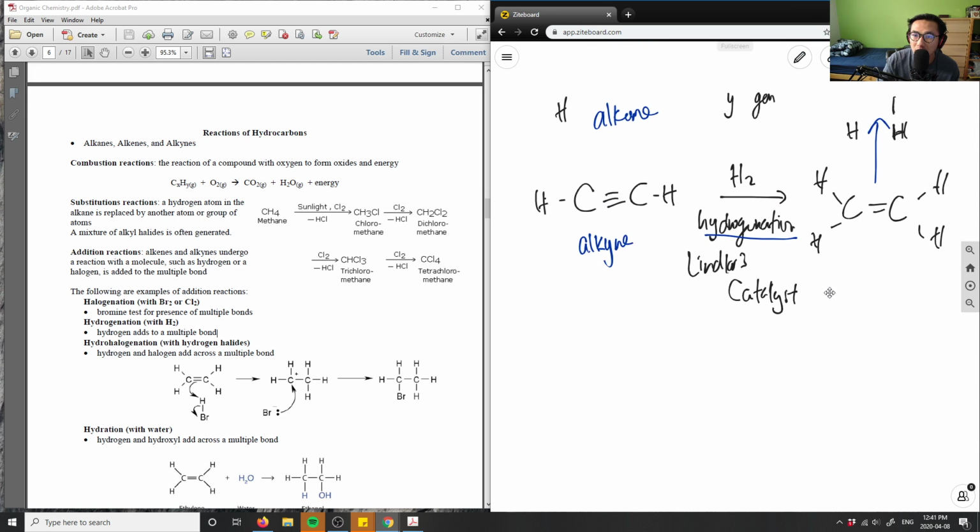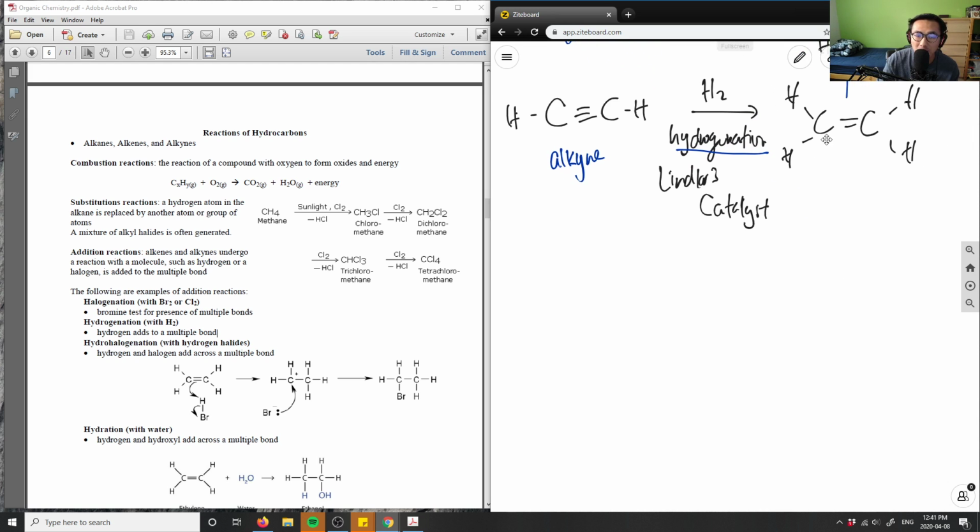So this is hydrohalogenation, and I'm going to use the exact same example that they did in the text here. I have my favorite compound here. Again, I have ethene, and what I'm going to do is something called hydrohalogenation. So HBr, or HCl works as well.